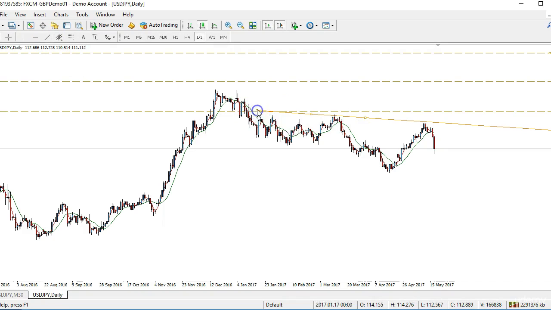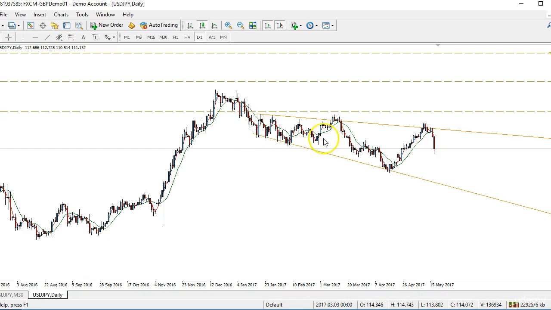Okay, so if I just put these here, this is called a trend line. And what you can see here, if I just bring it down a bit, is that this has actually created a megaphone channel. I've drawn it a bit roughly here.